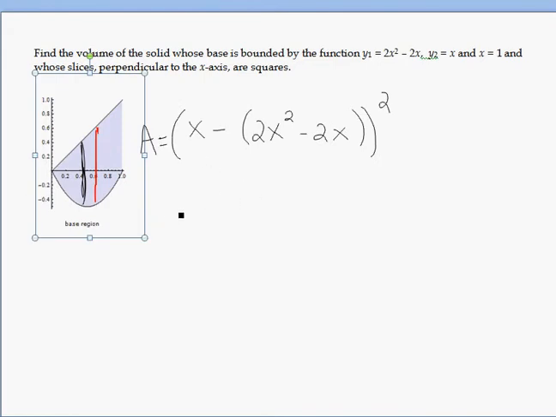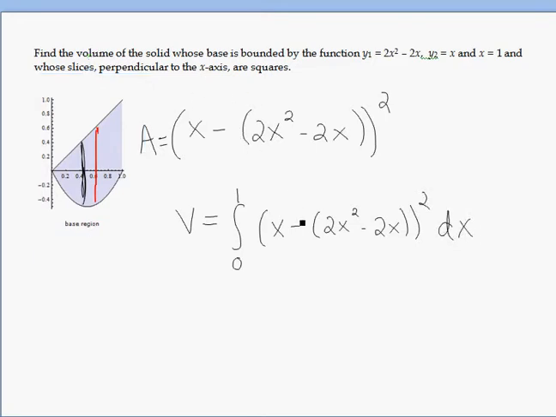So to find the volume of this solid, I'm going to integrate from my bounds. My left bound is 0, my right bound is 1, of this area function. So this is going to be x minus 2x squared minus 2x, quantity squared.